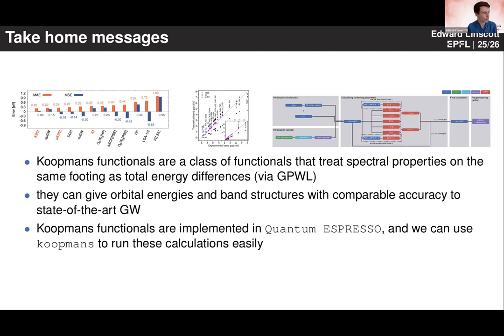So there are two aspects to this: theoretically and practically. In terms of the theoretical differences, yes, ultimately you could reframe Koopmans functionals in a projector-like formalism and maybe only apply it to select orbitals.